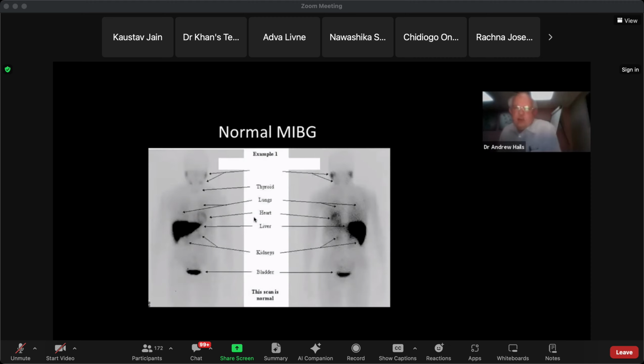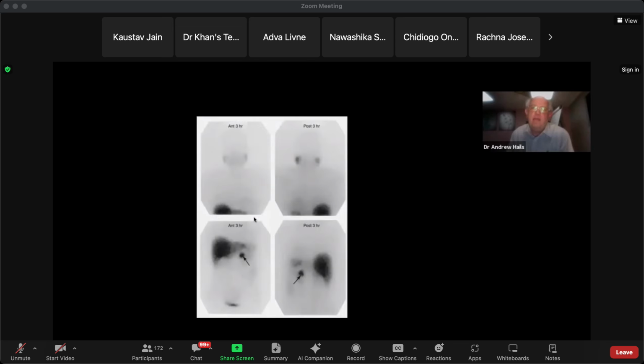Again, a change of subject. This is an MIBG scan. It's a normal MIBG scan, just showing the areas that take up the MIBG. Okay. So this here is an abnormal MIBG scan.